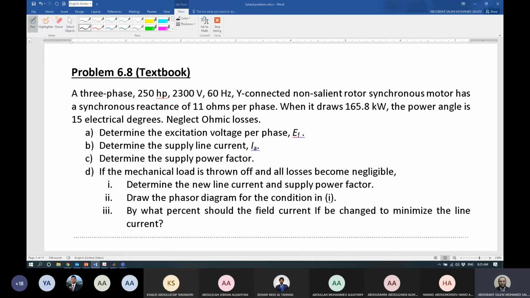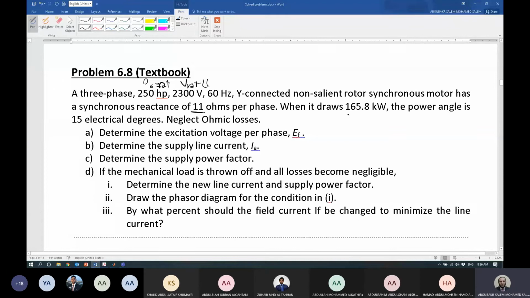This is now the output rated power, because it's a synchronous motor, so it's given as output load. 2300 is V rated, line to line, 60 hertz, star connected, non-salient, meaning cylindrical. So we are working with the same type of motors. The non-salient rotor synchronous motor has a synchronous reactance of 11 ohm, so this is XS.